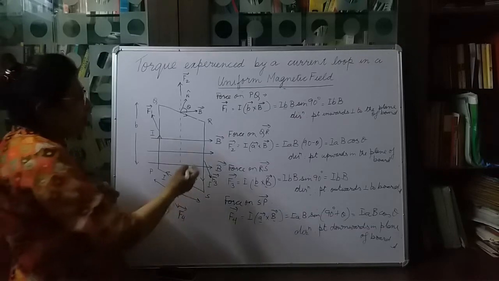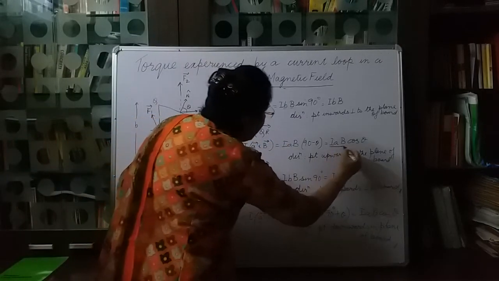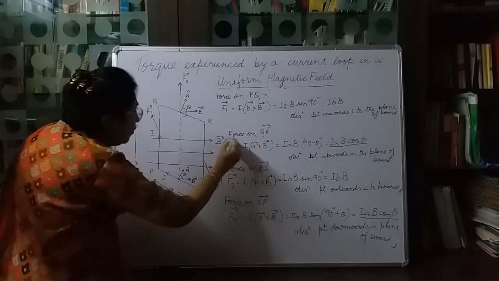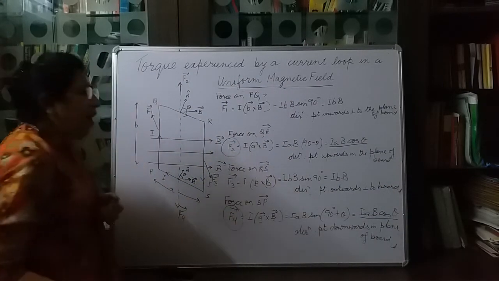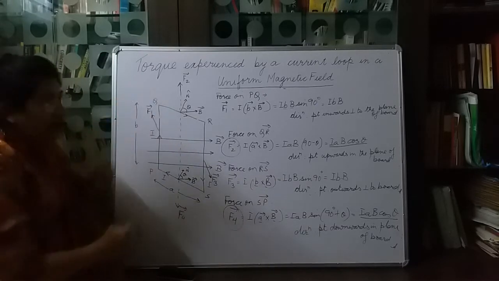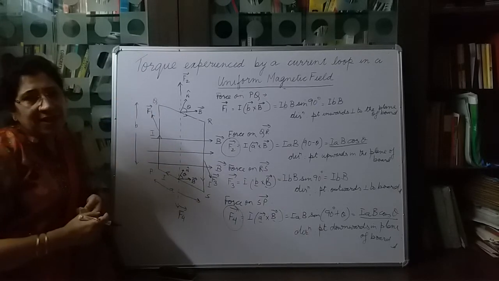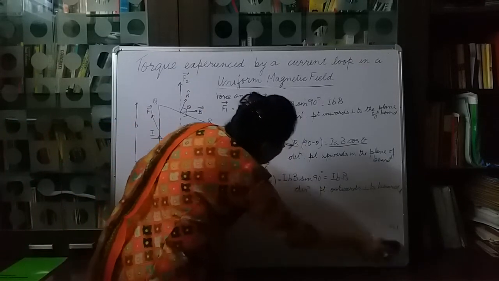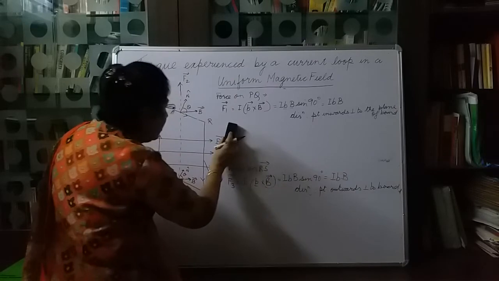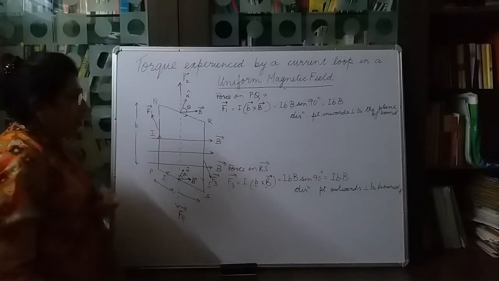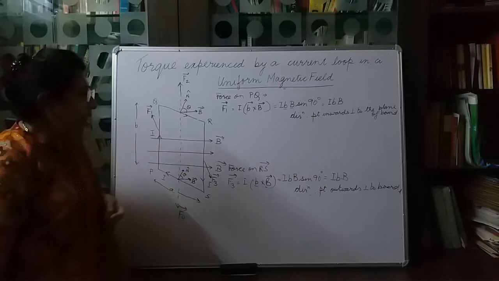Since both the forces here, IAB cos theta, here IAB cos theta, F2 and F4, they are equal and opposite and they have the same line of action, they will cancel each other. So their effect will not be on the current coil, on the closed coil. We are left with these two forces, F1 and F3.